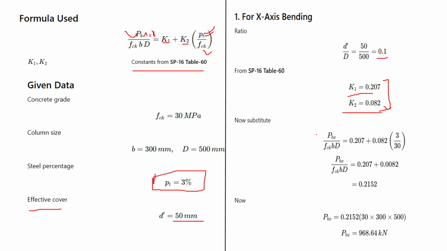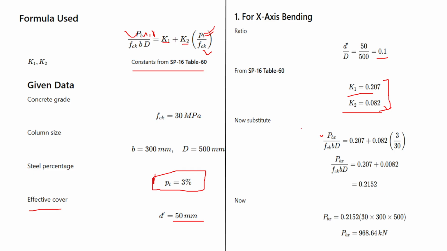For PBX, here the D dash by D ratio is 0.1. Now you have to find out the value corresponding to that.